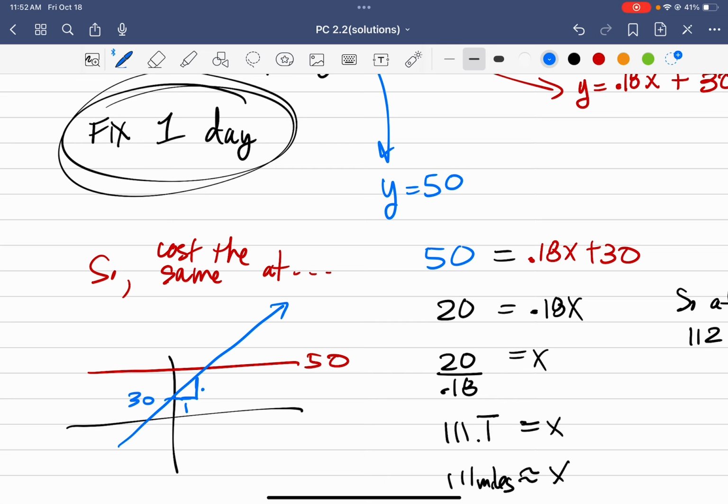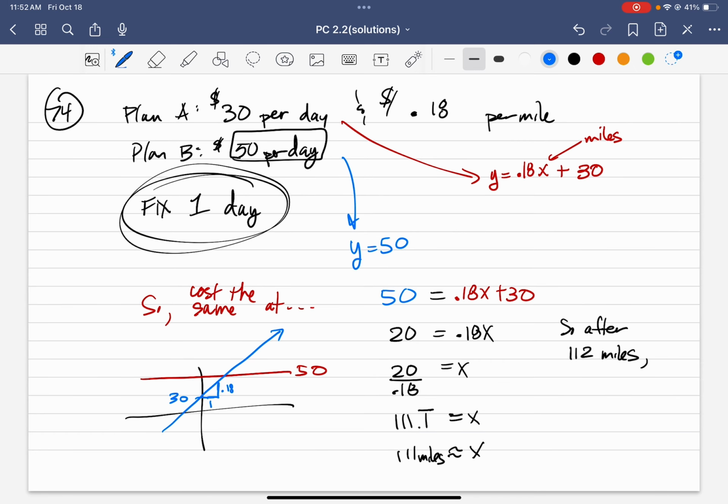In the very beginning, it looks like the $30 one's going to be cheaper, but when you hit this amount right here, which is going to be 111.1 miles, then the blue starts to be more expensive.